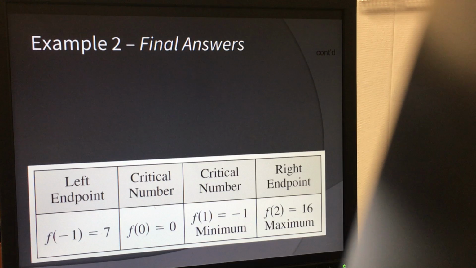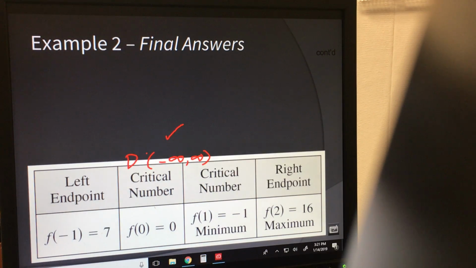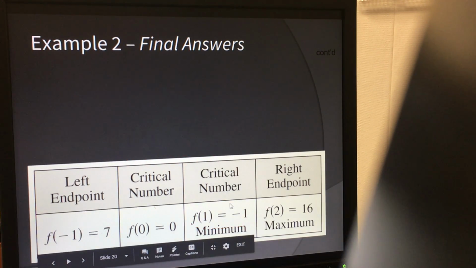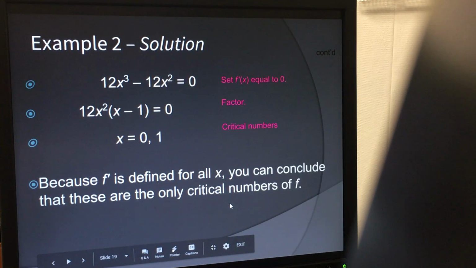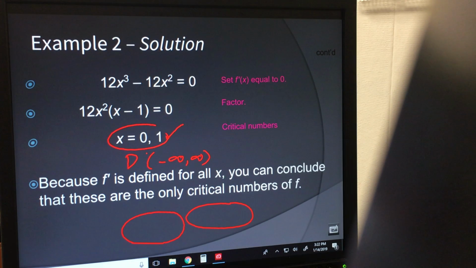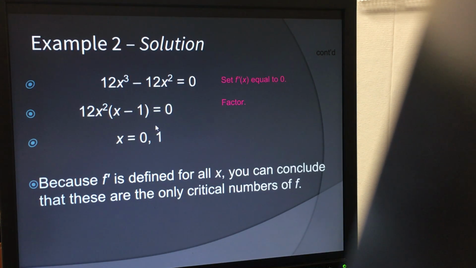So we plug in the critical numbers, 0 into the function and 1 into the function, and find the values. f(0) is 0, f(1) is -1. Now, take note to evaluate the critical numbers in the original function and not the derivative, because if you plug them into the derivative, you're just going to get 0.